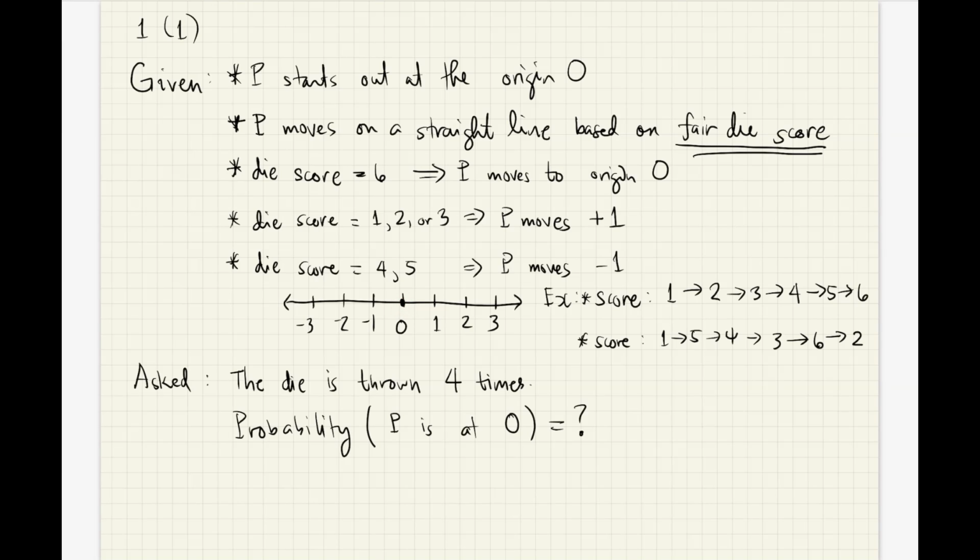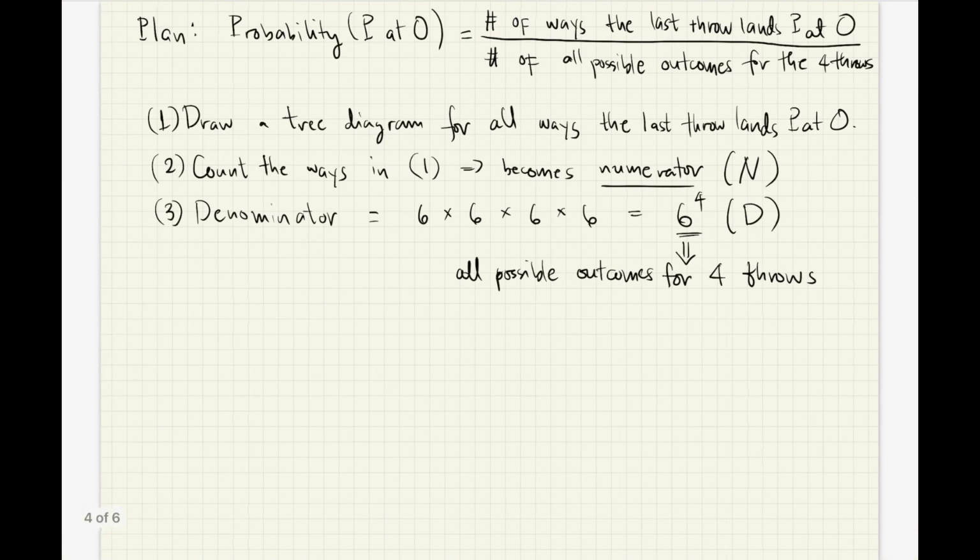Okay, so first, let's plan this out. What do we mean by probability? First, let's recall that probability is the number of ways that an event could happen divided by the number of all possible ways.